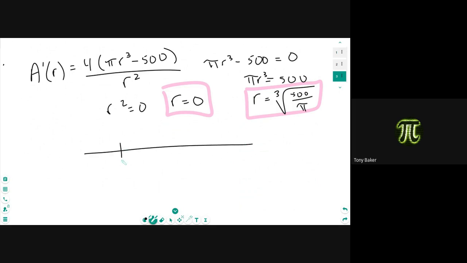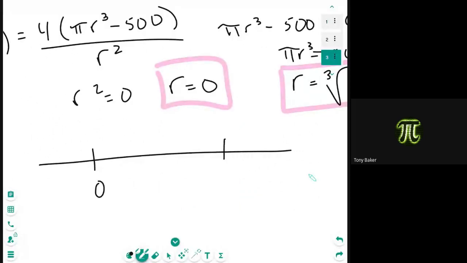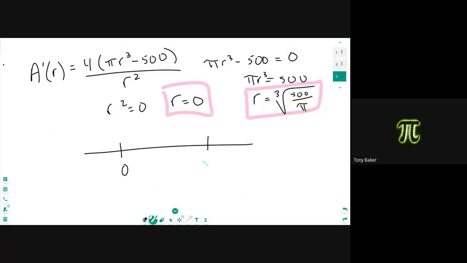So we've got 0 and that, which I just typed into the calculator to get as a decimal, is 5.42, approximately.